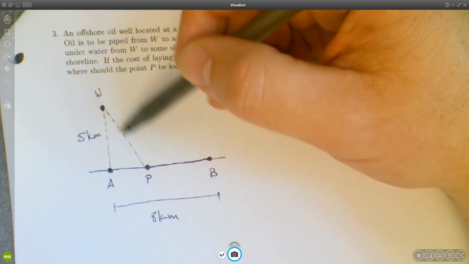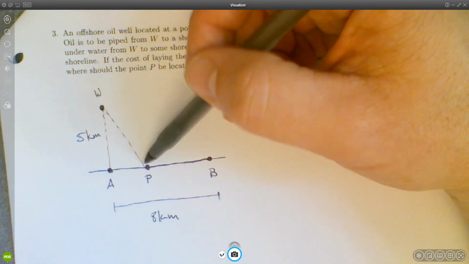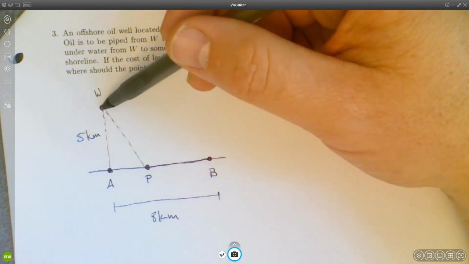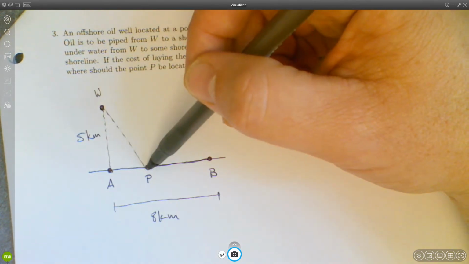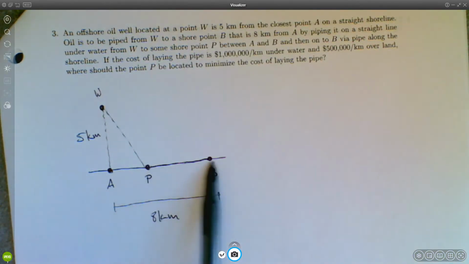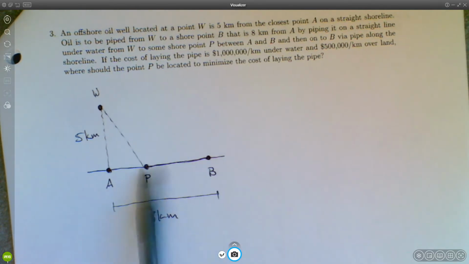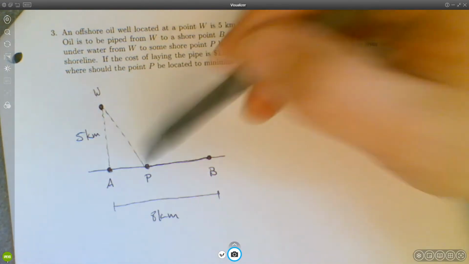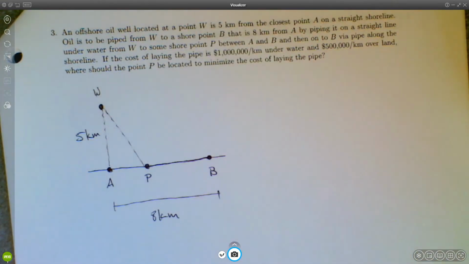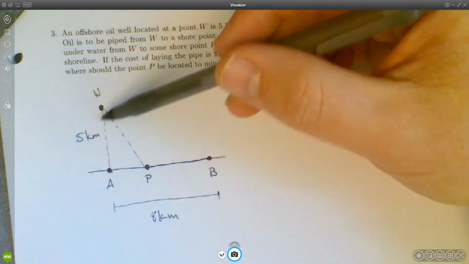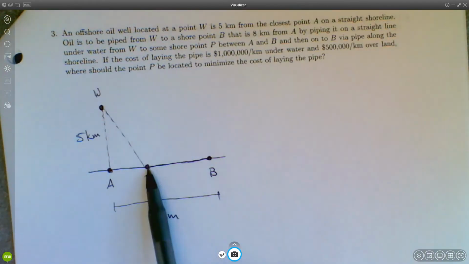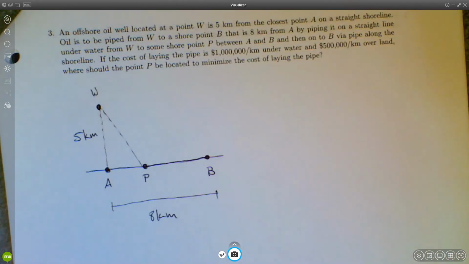So if we know this length right here, then we can multiply that by $1 million, and that would be the cost of laying this length of the pipe. And then this length of the pipe, we would multiply by $500,000, and that would be the cost of laying that portion of the pipe. So the total cost would be this cost plus this cost. And so what that really boils down to is finding an expression for this length and this length. So let's see if we can do that.